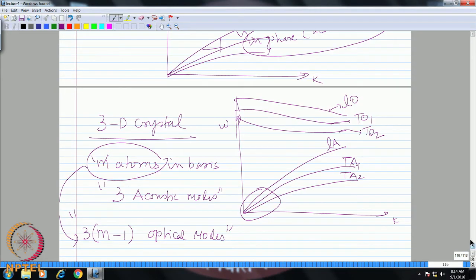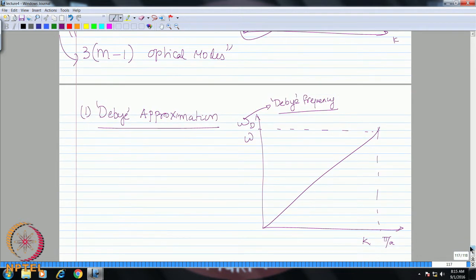What about the optical modes? If you look at our representation of the optical mode here, compared to the acoustic mode, the slopes are relatively less. So, the easiest approximation to this is called the Einstein approximation.